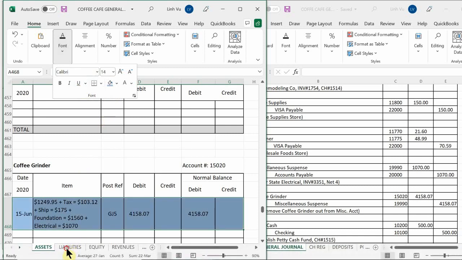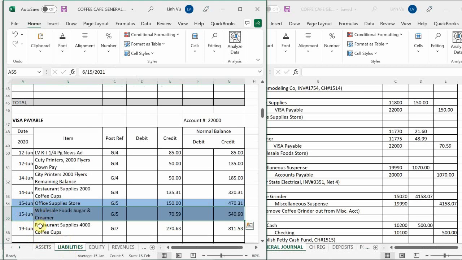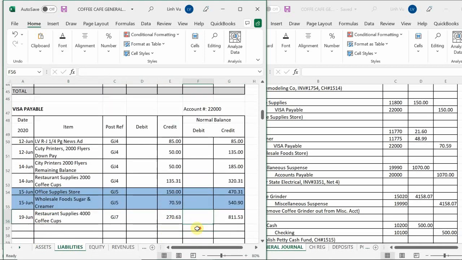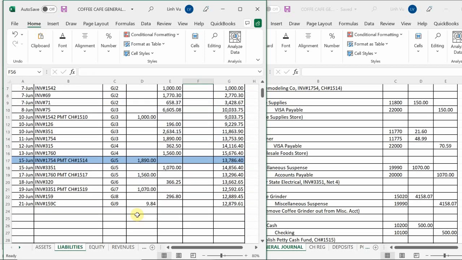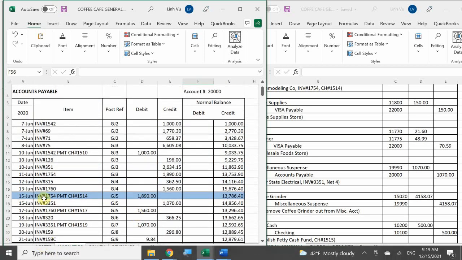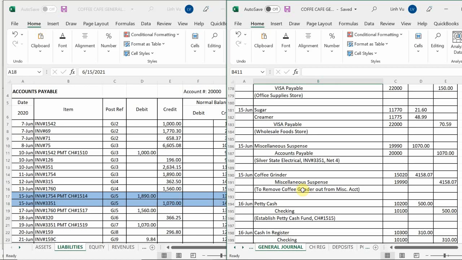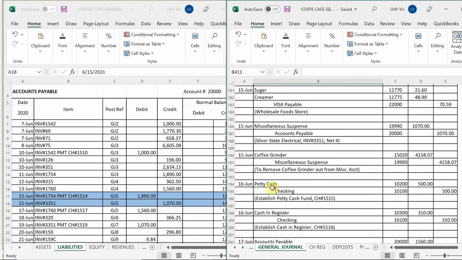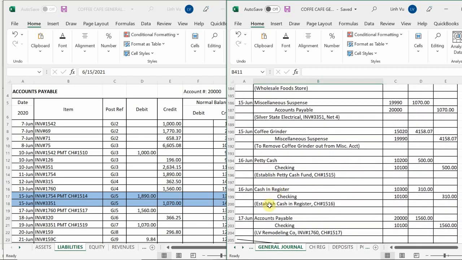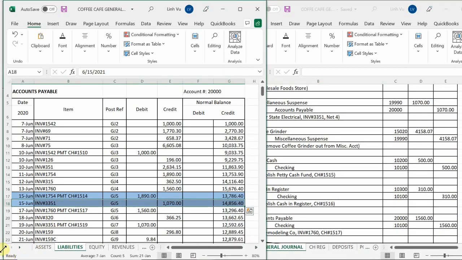Now let's check my accounts payable. In this case, up here, accounts payable for the 1070 is correct. Okay, so that transaction is there. So let's see what happened next. We established a petty cash and cash register. Okay, so let's go to our assets.